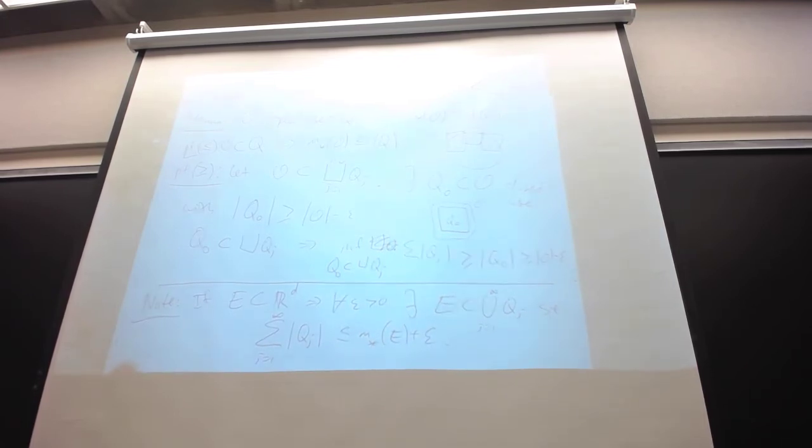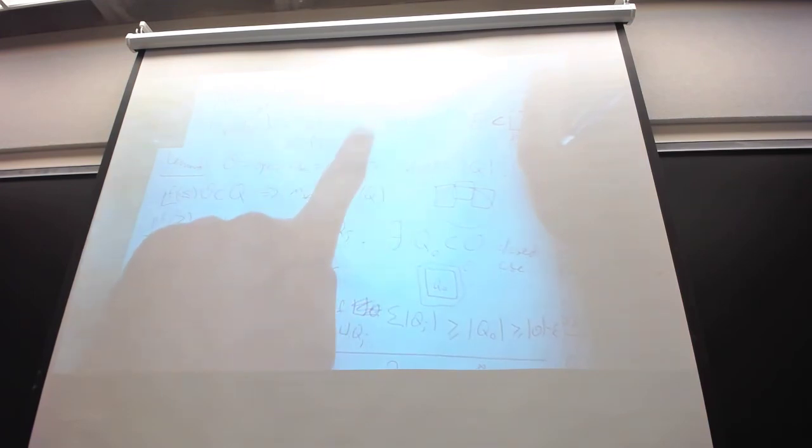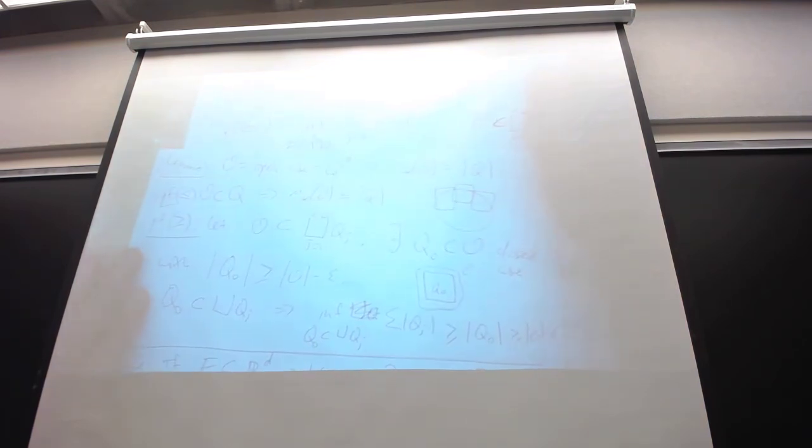That's just what infimum means. I can get arbitrarily close. Infimum means I can make this as small as I want, so for any positive epsilon, if I make it a little bit bigger, then I can find a closed cover that does it. So now we're happy with the definition of exterior measure: you take this cover and you take the infimum.